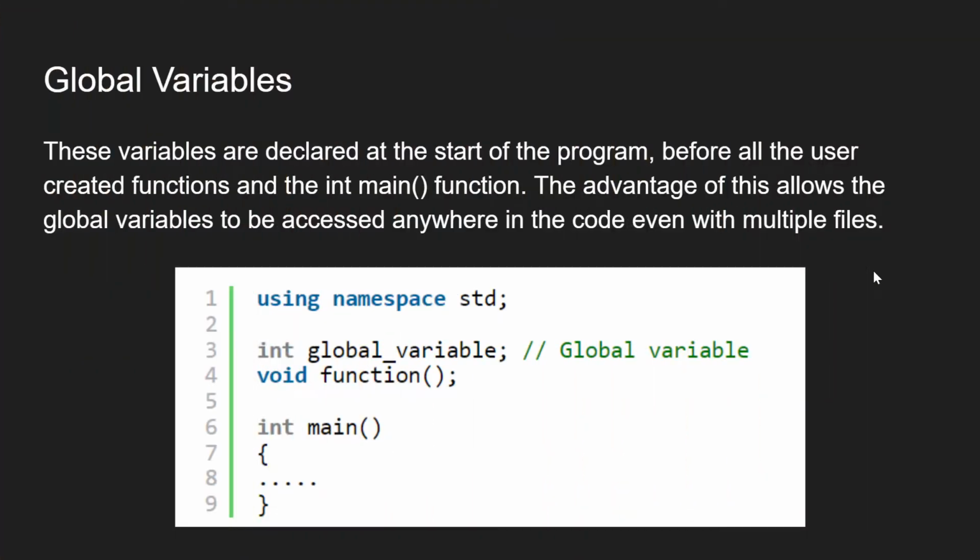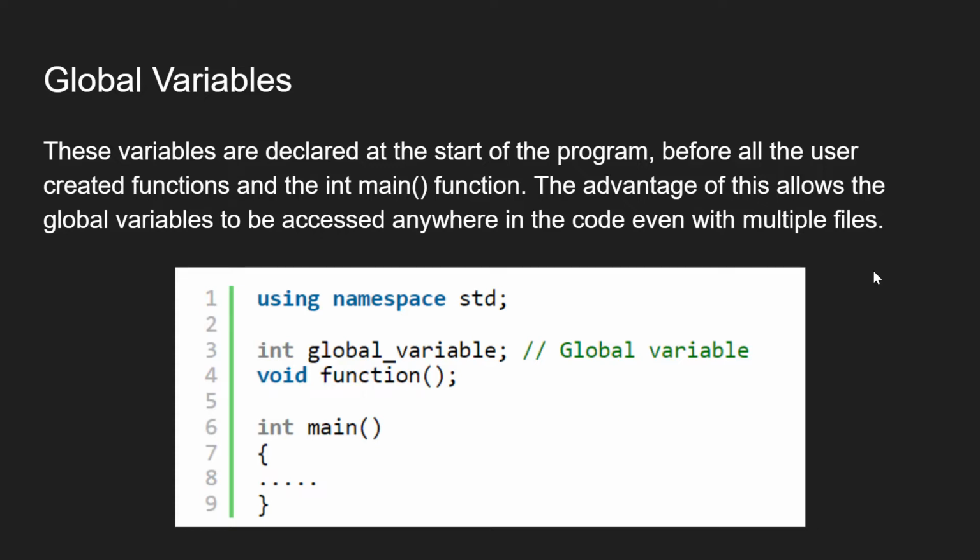Okay, so the first type of storage class variable is a global variable. Global variables are declared at the start of the program. They're normally declared on top of a C file or on top of a header file, before all the created functions and the int main function, because the advantage of declaring global variables is that it allows us to access them anywhere in the code, even with multiple files.